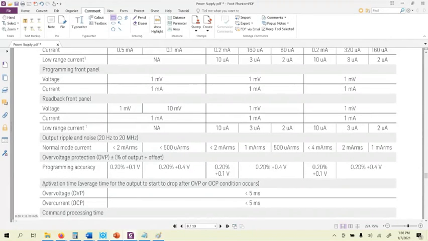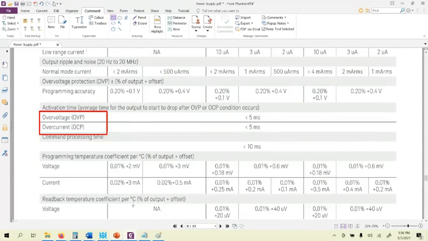How many of you know this part? Overload protection, over voltage, over current. Have you heard of over voltage protection? Over voltage means that when there is lightning or something, suddenly the power supply gets a huge voltage. This power supply can sustain that voltage for 5 milliseconds, but it cannot sustain more than that.